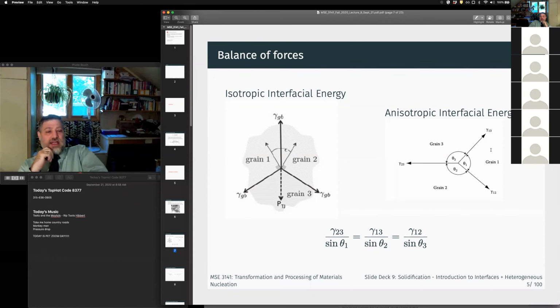If these forces are not equal, and we're still in equilibrium, we're going to have different angles, right? Because what we need to do is balance the vertical and the horizontal component, right? So in this, which interface has the higher energy?